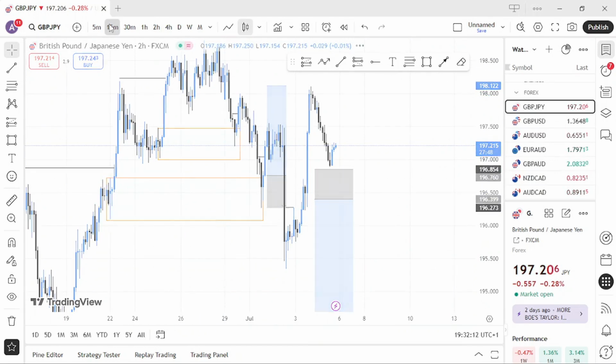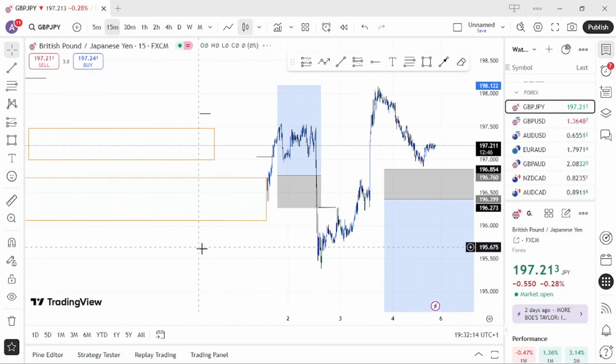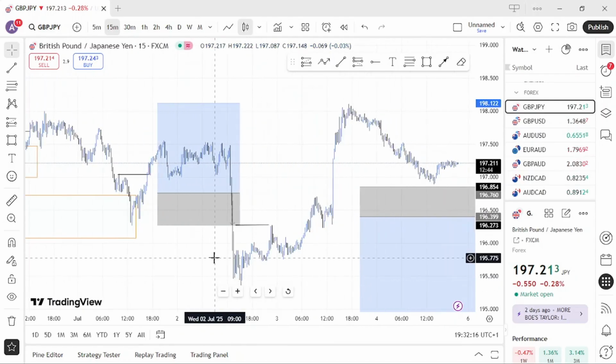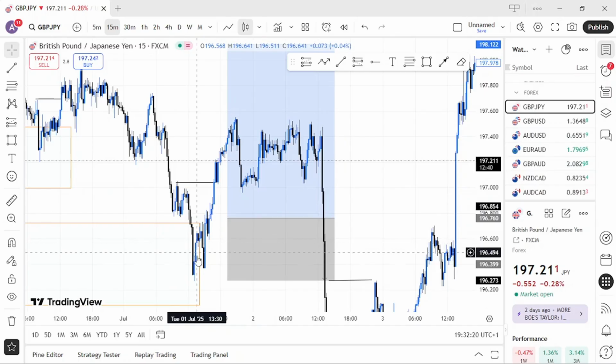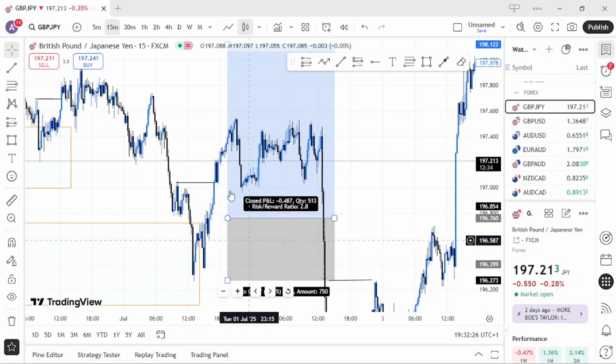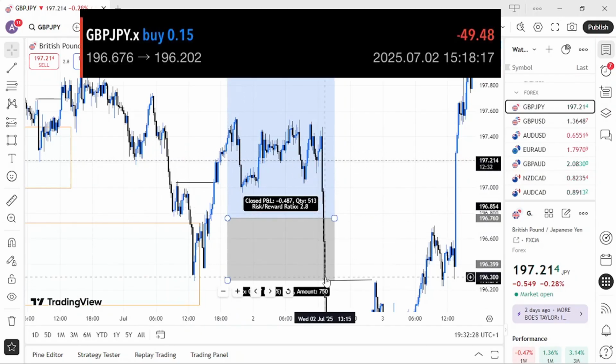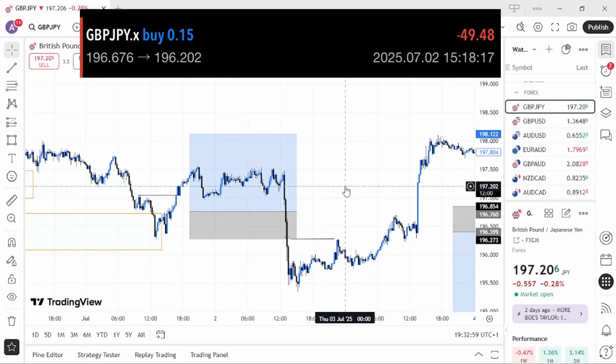Again, I went to the lower time frame to look for a market structure shift, and I got my market structure shift here. I put my entry here and my stop loss here, and price just hit my stop loss. So that was the second trade.